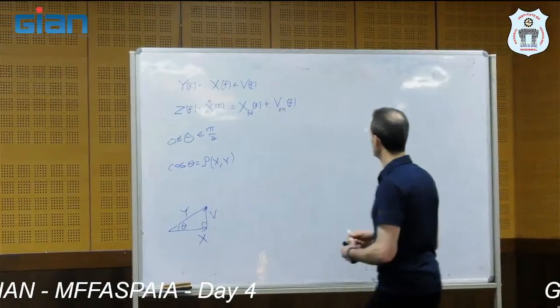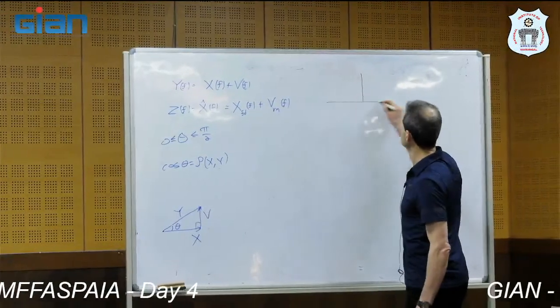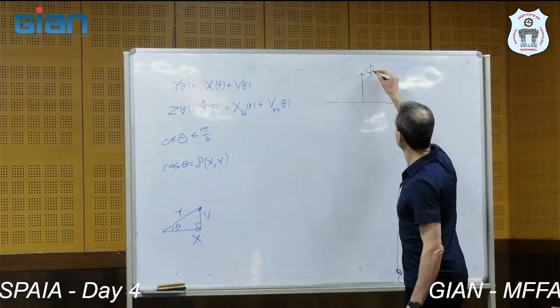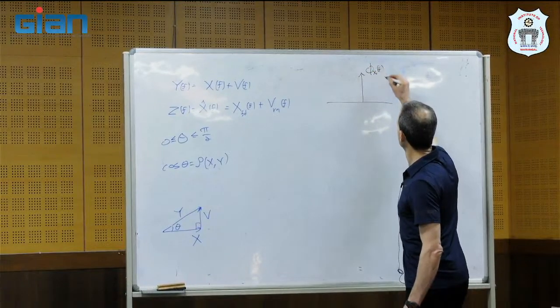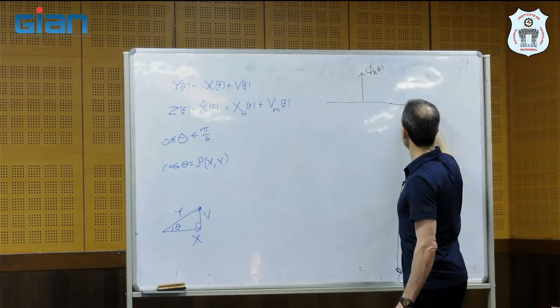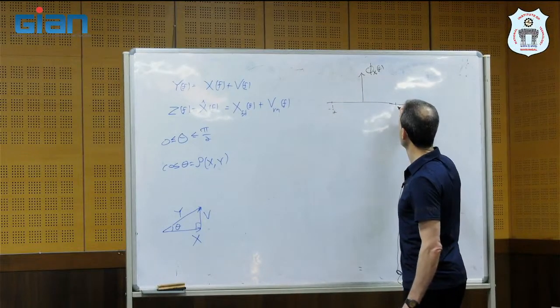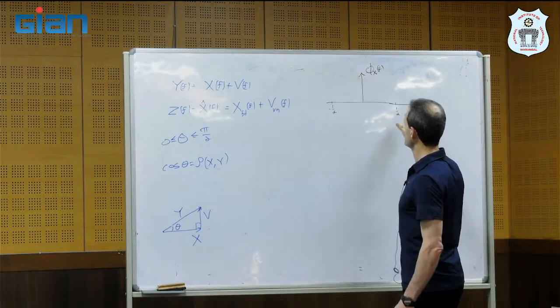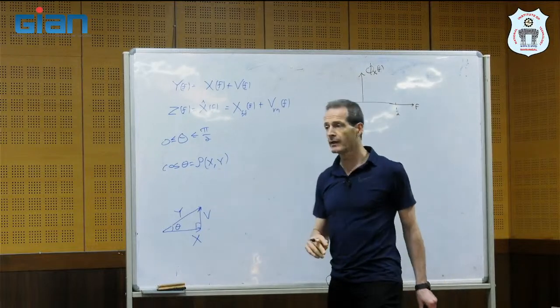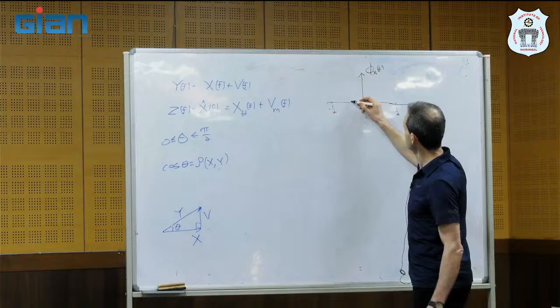So the spectrum of the desired signal as a function of f, this is the spectrum from minus half to half, because this is the Nyquist frequency. So this is the range. So it goes like this.